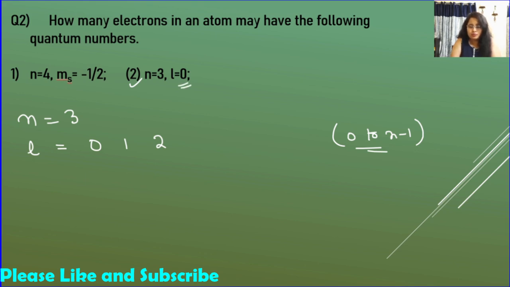L is equal to 0 means ml is again 0. 0 means only 1 orbital, having 2 electrons.